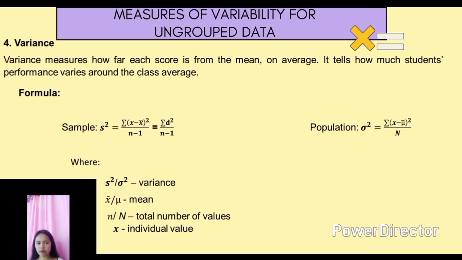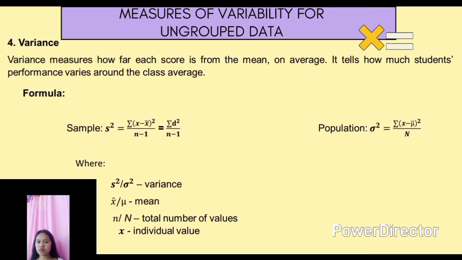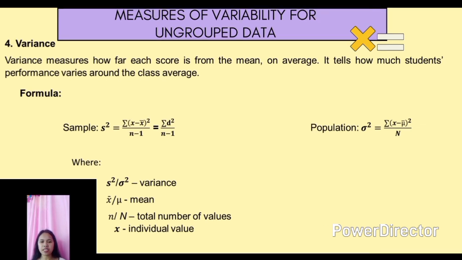Or in simpler form, this is the summation of the square of the deviation divided by n minus 1. For population variance, we have sigma squared is equal to the summation of the square of x minus mu, over capital N. Where s squared and sigma squared are the variance, x is the individual value, x bar and mu are the means, n is the total number of values in the sample, and capital N is the total number of values in the population.